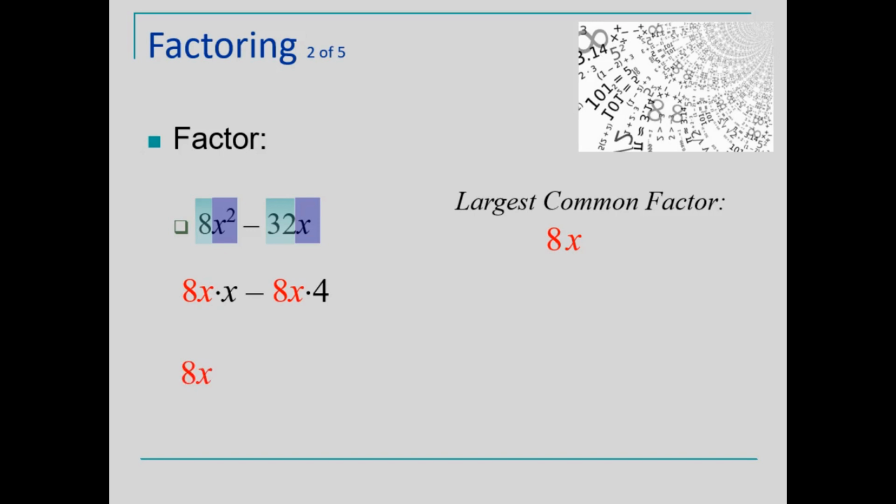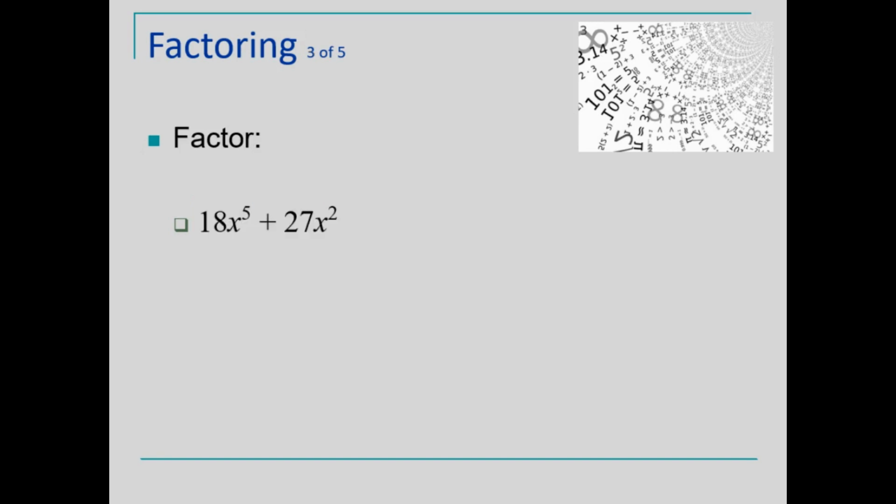Then, using the distributive law, we can factor this binomial into an equivalent expression of the product of the largest common factor 8x times the remainder when 8x has been factored out, which is x minus 4. Again, to check the factored answer, we simply multiply to determine if we have an equivalent expression.